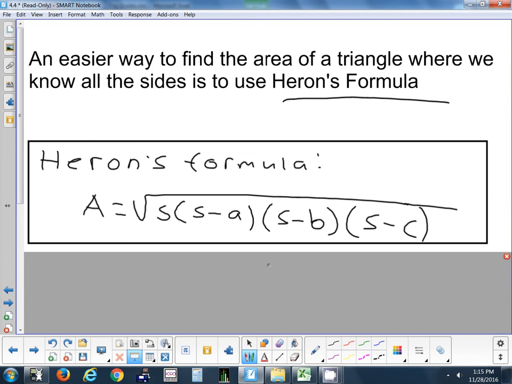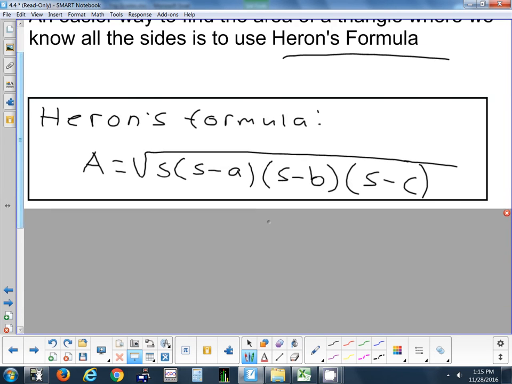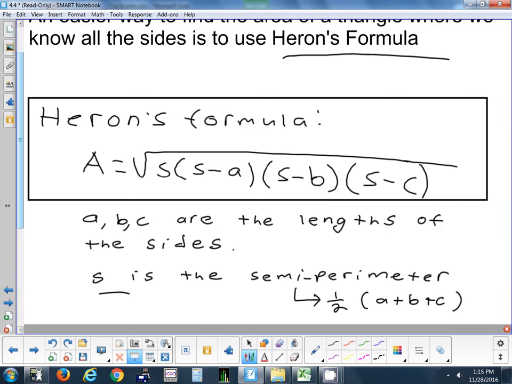Yeah. S is a very simple idea, but if you didn't know it, it's kind of hard to guess what it is. What do you call it when you add up all the sides on a shape? And what is that specifically? The perimeter. S is what we call the semi-perimeter.